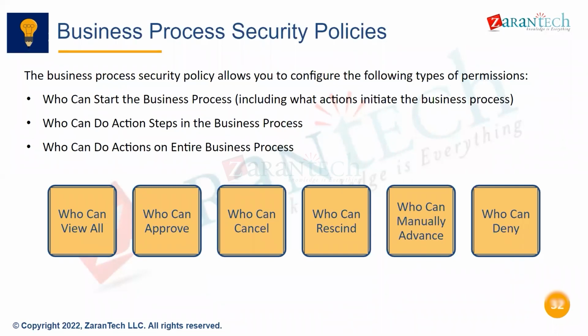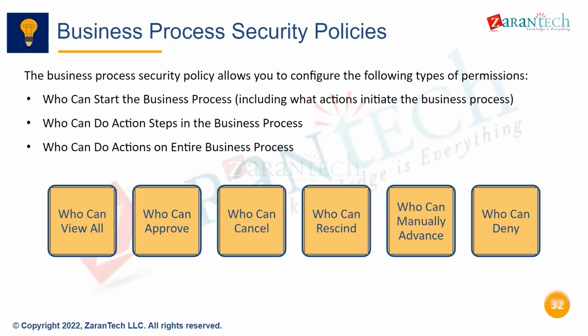So we define the security, and based on this business process security policy, we provide certain kinds of access. You could say all these actions can go to one security group, but in real time, ideally, it is not like that.